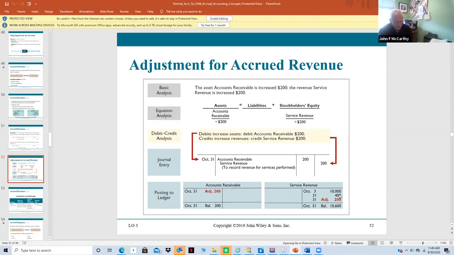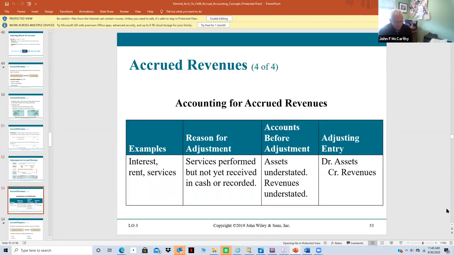That was our first adjustment that we made, probably for unearned service revenue when we performed the service. And then here's another adjustment where we have revenue in advance of billing it or receiving the cash. So debit receivable, credit service revenue. And I'll let you look at that for a second.